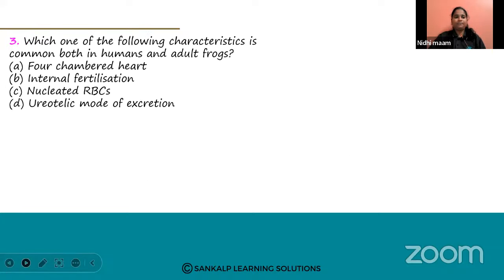Next question. Which one of the following characteristics is common both in humans and adult frog? Among the options given below, which is common to frogs and humans? Four chambered heart, internal fertilization, nucleated RBCs, ureotelic mode of excretion. Yes, very easy question.